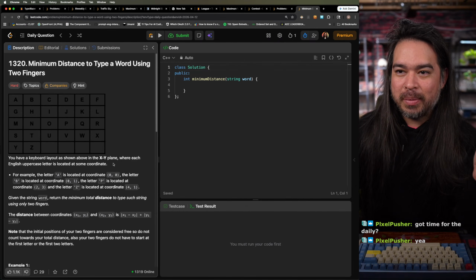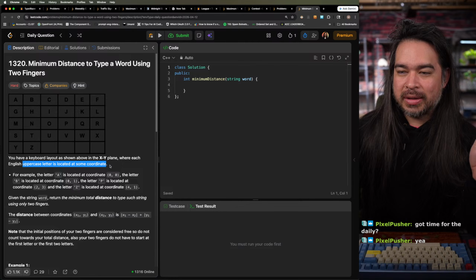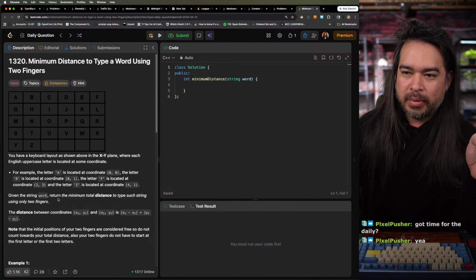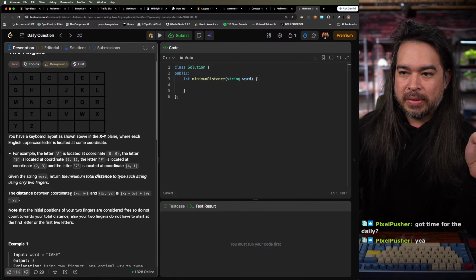Alright, you have a keyboard layout as shown above in the XY plane where each English uppercase letter is located at some coordinate. For example, the letter A is coordinate 0, 0, the letter B is located at coordinate 0, 1, letter P, and blah blah blah. Given the string word, return the minimum total distance to type such string using only 2 fingers. The distance between those coordinates.